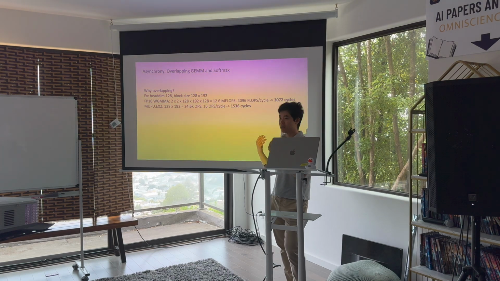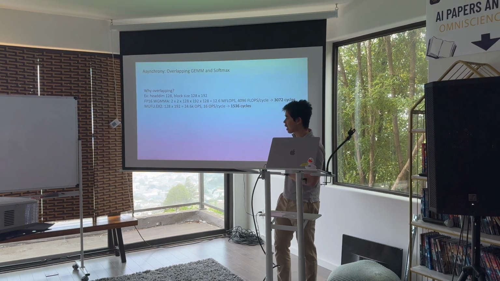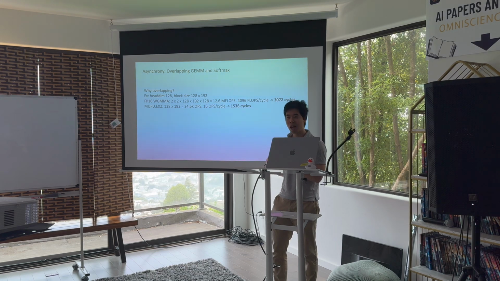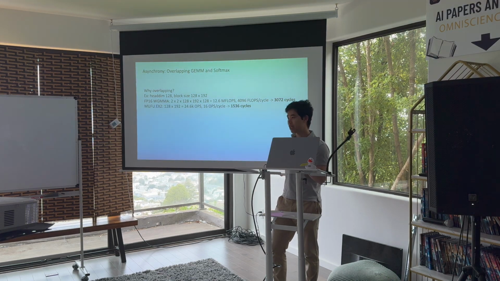But to compute the exponential, it has this multifunction unit that has much, much lower throughput. So the exponentiation has, I think, 256x lower throughput. So even though most of the flops are in matrix multiply, because the throughput of the exponential is so low, it accounts for maybe 50% of the cycle.